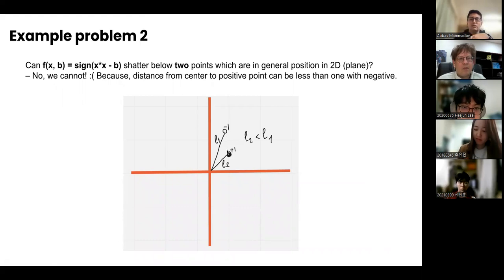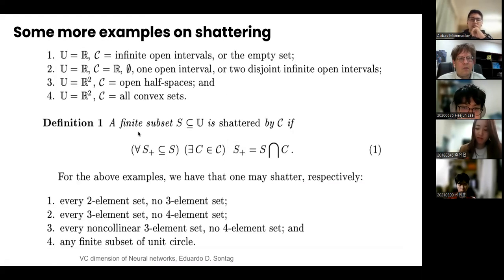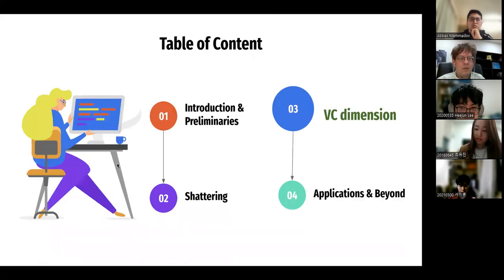In this case, we are given these two examples, and you can see the results here, and you will try to shatter the 3 elements, and you can show why 4 elements cannot be shattered. But due to the time limitation and some low-level math in this part, I will skip it, and you can take a look at it later.